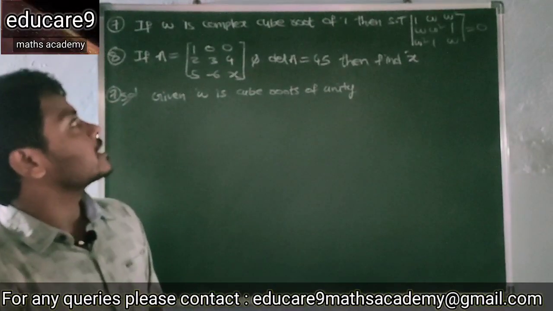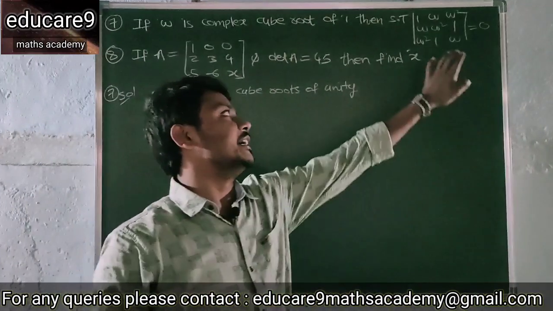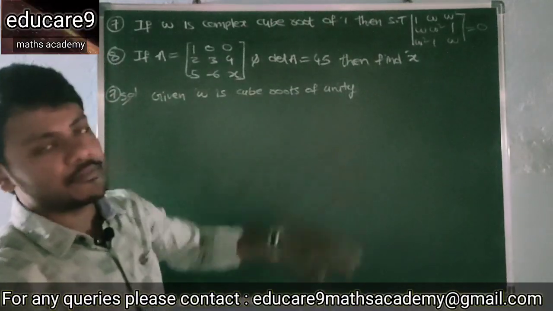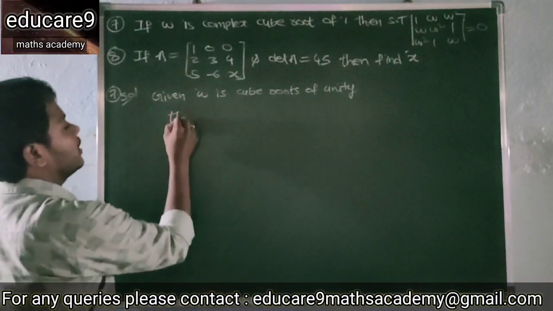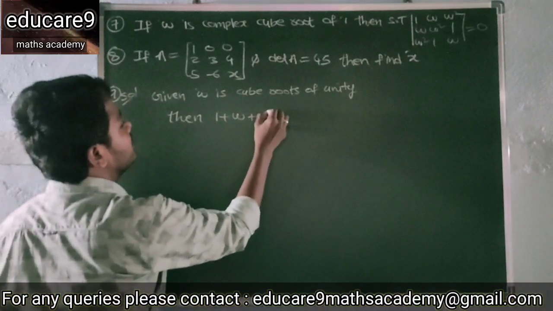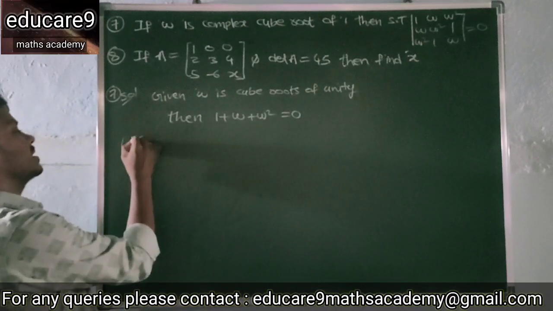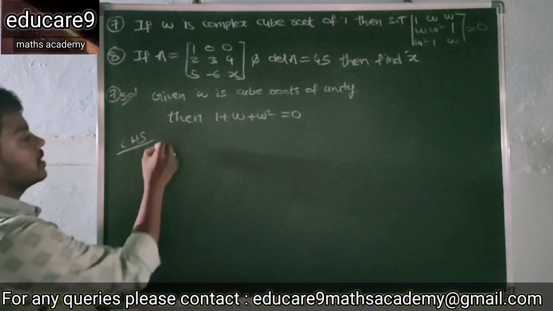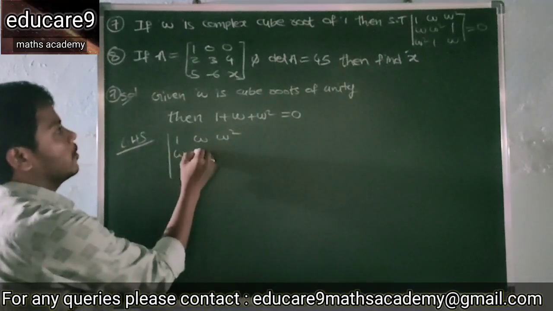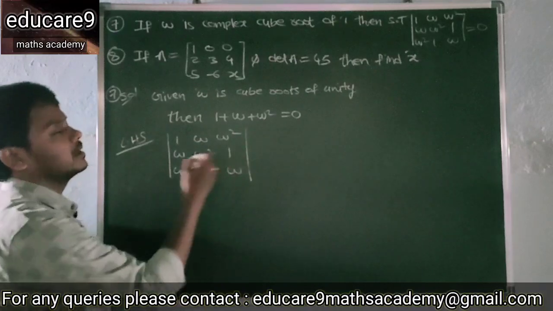If omega is a complex cube root of 1, then show that this determinant value is 0. So given omega is a cube root of unity, then you know that 1 plus omega plus omega square is 0. So consider the LHS. So what is that? 1 omega square 1 omega square 1 omega.